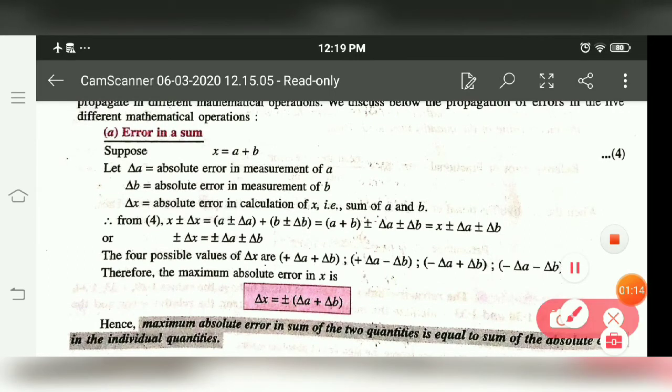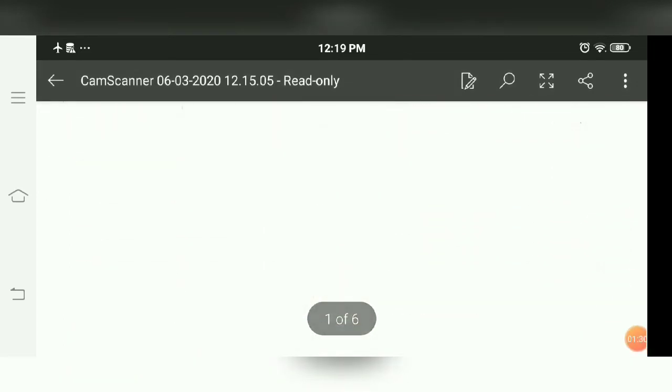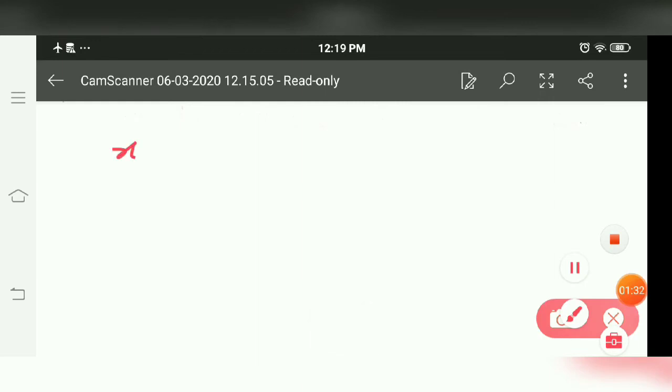Suppose we have a term x is equal to a plus b. Absolute error in a is delta a, in b is delta b, and in x is delta x. Now we have to calculate the error in sum. The way to write the value is true value plus minus absolute error.